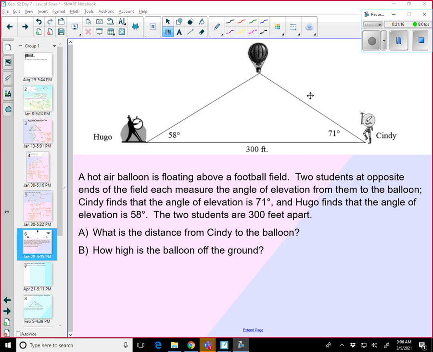Distance from Cindy to balloon, let me call this x. And they are also asking us how high is the balloon off the ground. So they want even this particular distance. They want this also. How high is the balloon? Okay, once again, try to work this out.